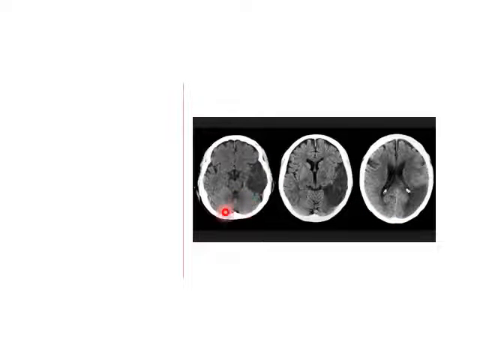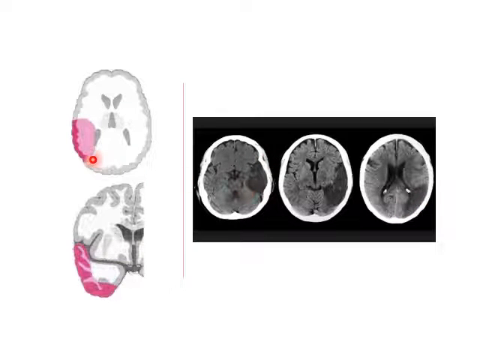Look at this CT brain showing what? Hypodense area, okay, the temporal lobe, and temporo-occipital part. So the stroke is affecting the inferior division of the middle cerebral artery.